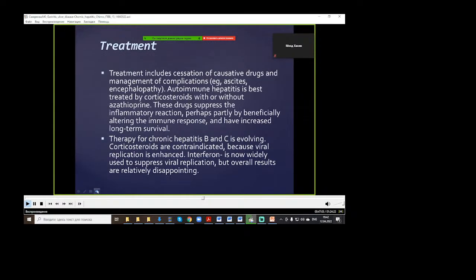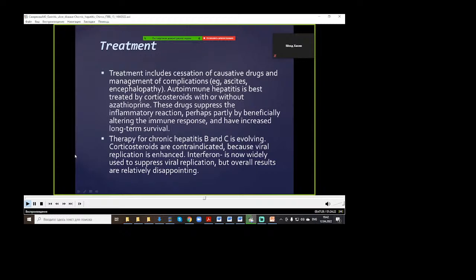Some words about treatment. Treatment includes causative drugs and management of complications such as ascites and encephalopathy. Autoimmune hepatitis is best treated by corticosteroids with or without azathioprine.